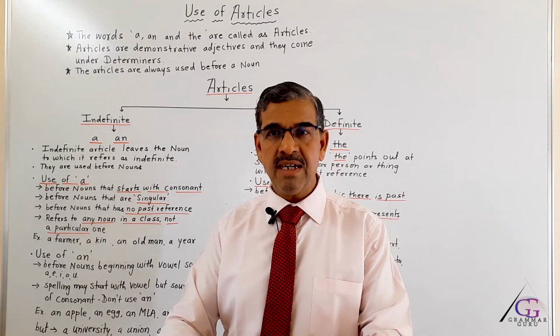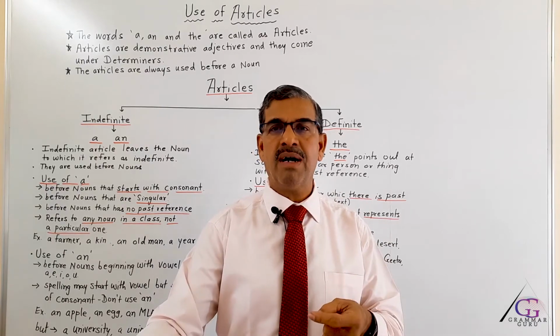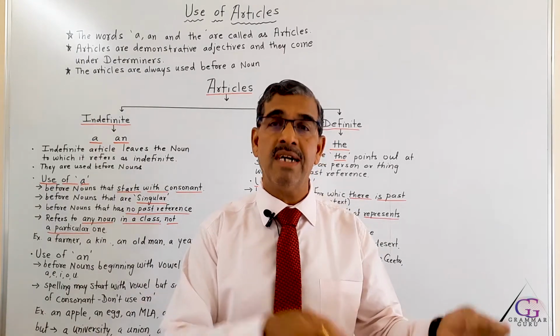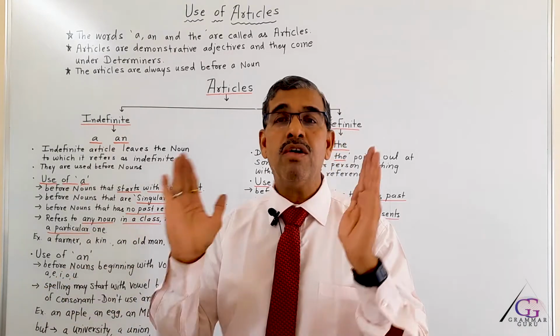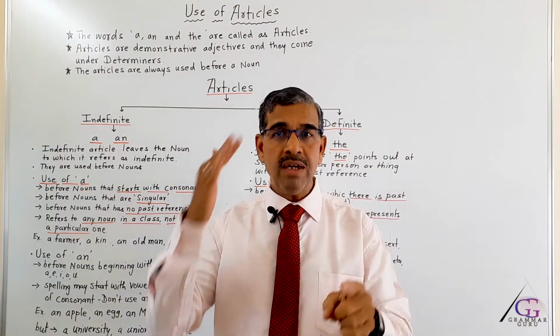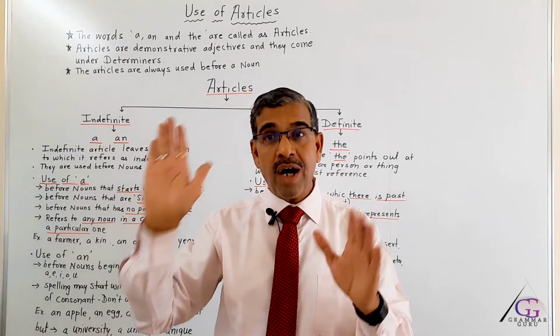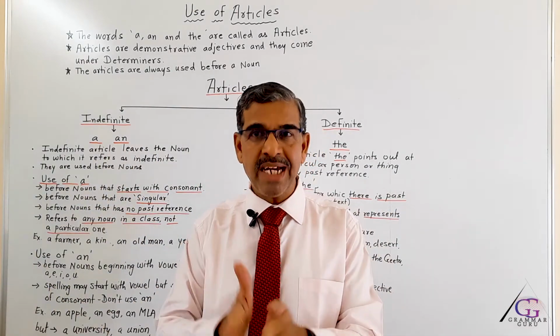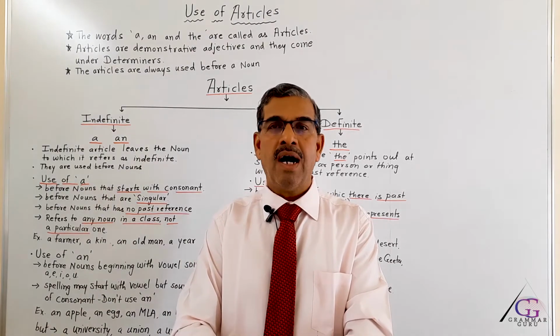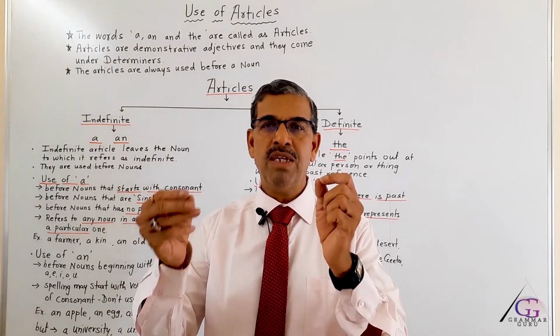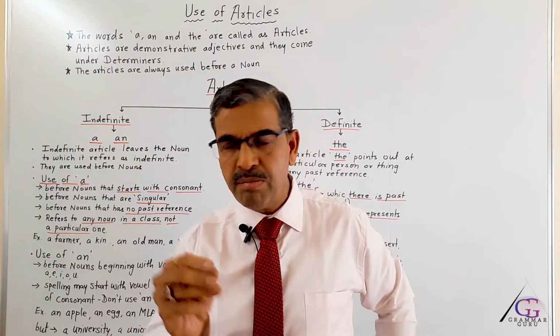Why do you say the Ganga, the Nile River, the Bhagavad Gita, the Bible, the hemisphere, the globe, the Jupiter, the Neptune? Because they are unique, only one of its kind. There is no other noun like that. That uniqueness is there. Whenever there is a unique noun after fill in the blanks, then you must be able to use article the before it.